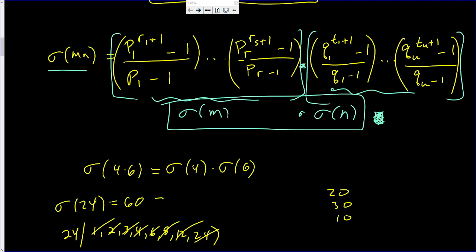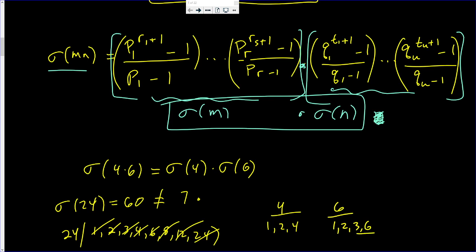Now, I'm going to claim that this is not going to work. What is sigma of 4? Well, the divisors of 4 are 1, 2, and 4. That's 7. And the divisors of 6 are 1, 2, 3, and 6.